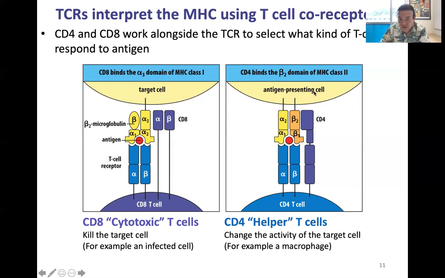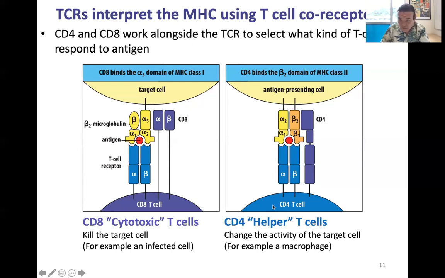So this antigen presenting cell, it's still healthy. It's not in trouble. In fact, it's just doing its job really well. And it presents that red dot that did not come from floating around just in the cytoplasm, but the red dot came from inside of the special vesicles where the virus or the bacteria was digested inside of the antigen presenting cell. It presents the red dot on MHC class 2.